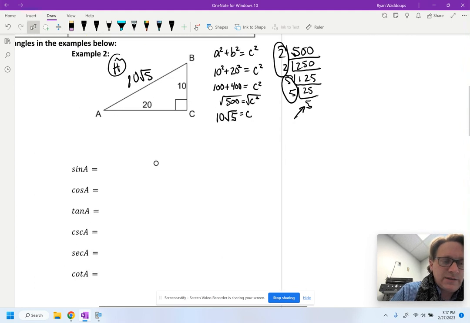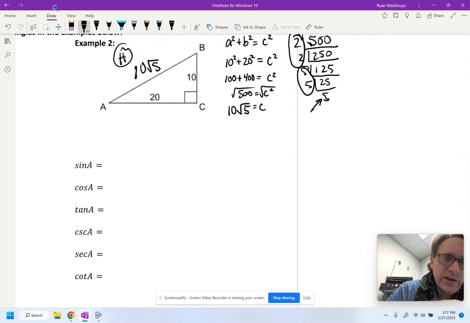And it's asking about A. And so I can put a theta there to help me remember that this is opposite. This is adjacent. So the sine, O over H, that's 10 over 10 square root of 5.